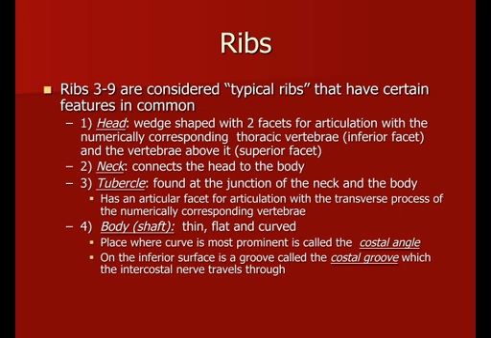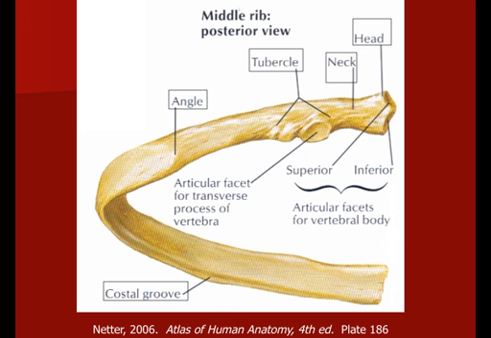It's called the costal angle. On the inferior surface is a groove called the costal groove, through which the intercostal nerve travels. Again, we may get to see one on the backside when we open up the rib cage and take it off. You may get to see this costal groove, but it's not palpable, and not always that easy to see.